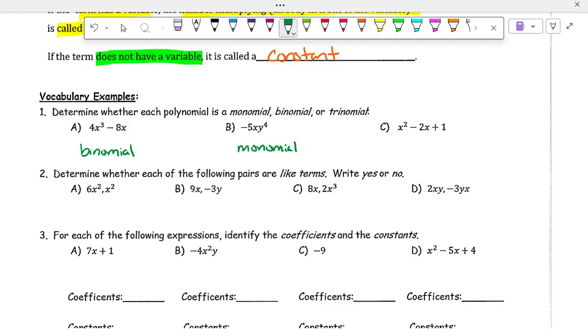Good. It's a trinomial. Does anyone have any questions on how you would determine which is which? So remember, what separates a term is plus and minuses. So for that monomial, even though it has two variables, it's technically still one term because all of that's being multiplied. All right.